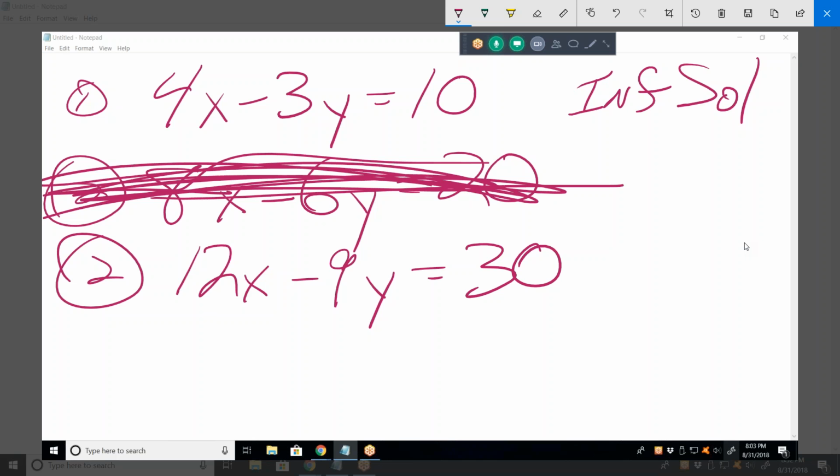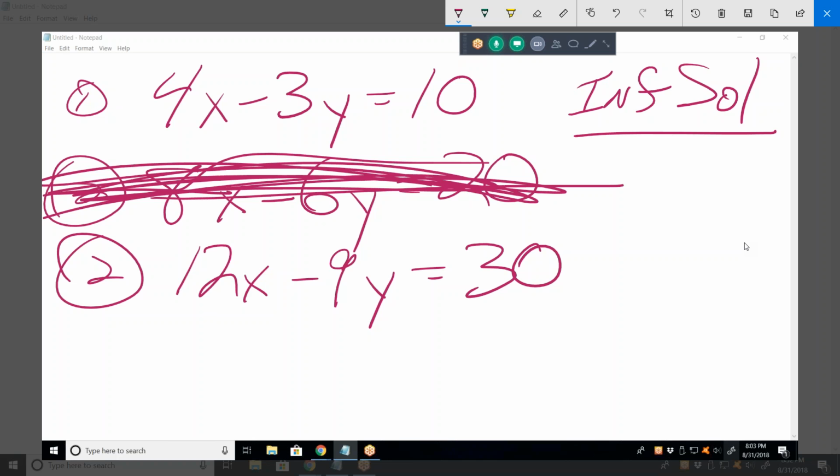And when you get a number equals the same number, it's infinite solutions. When you get a number equal a different number, that's impossible. That's no solution.